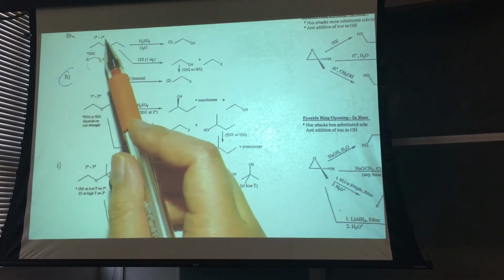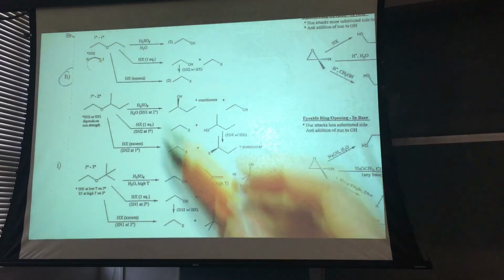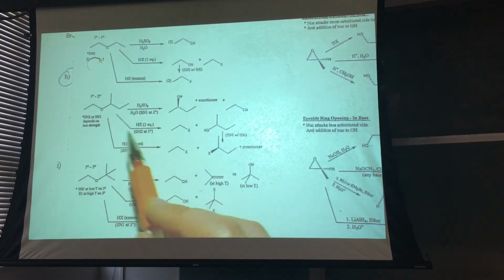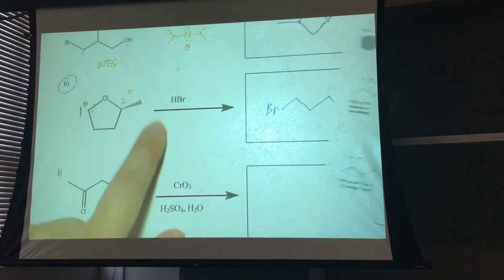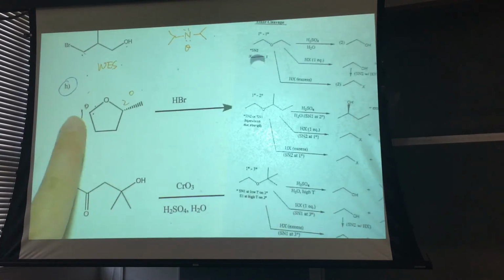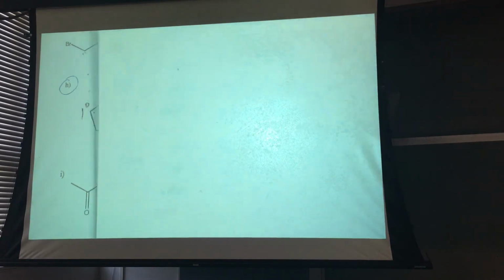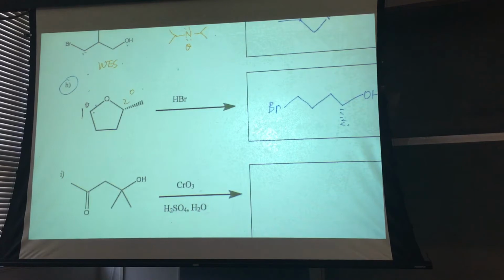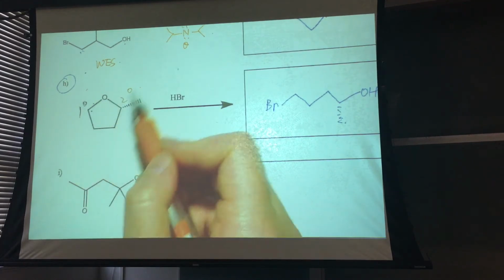If you have primary, secondary, primary, tertiary, what would happen if you only have one equivalent of HX? In this case, it's one equivalent of HX, and it's primary versus secondary. It's actually going to form SN2 on primary. So in exams, I would just advise you guys to randomly open each side.